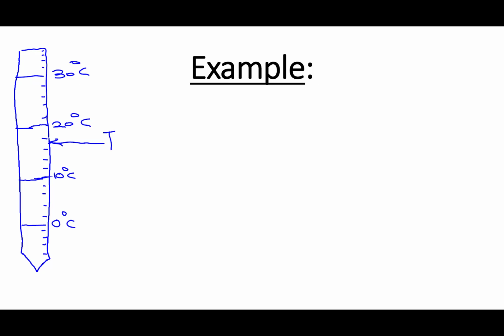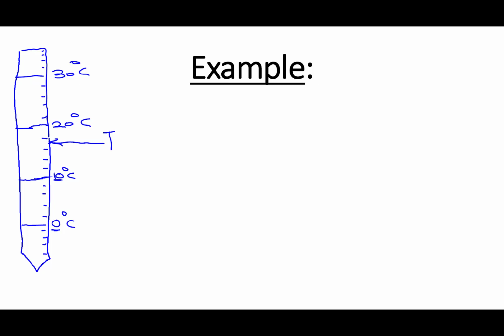Okay. Then the first thing that you want to do before doing the reading, you see this is a thermometer. You see it has increments on it. Then the first thing that you want to do is to figure out what the increment is. Okay? If you look here, from 0 to 10 degrees Celsius, we go up by 2. Okay? The increment is 2.